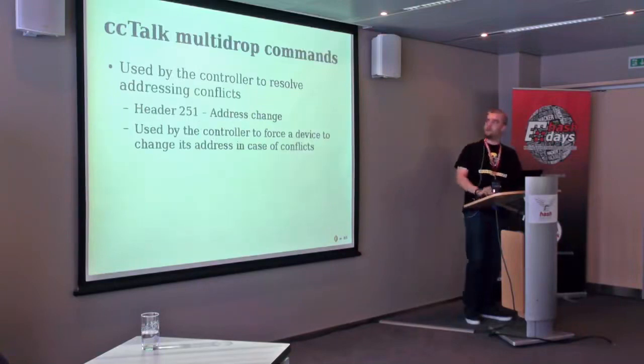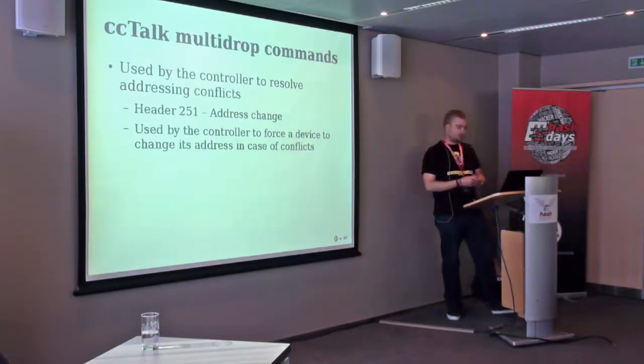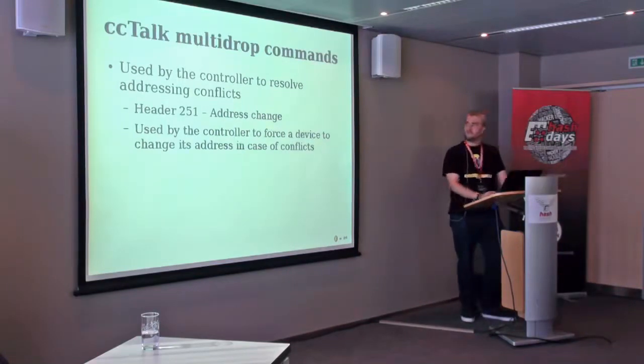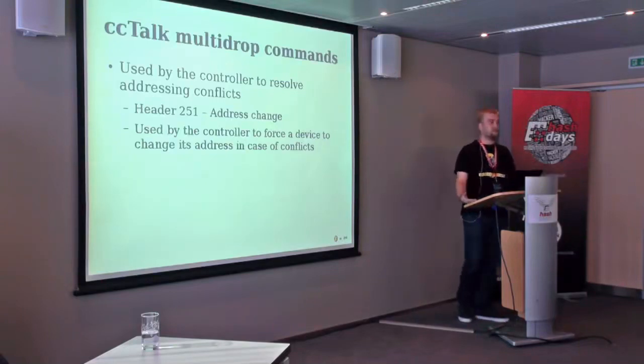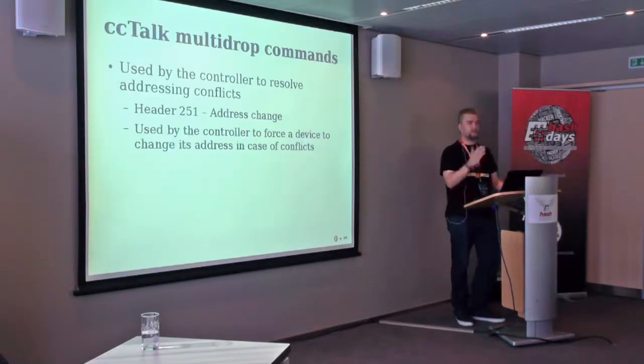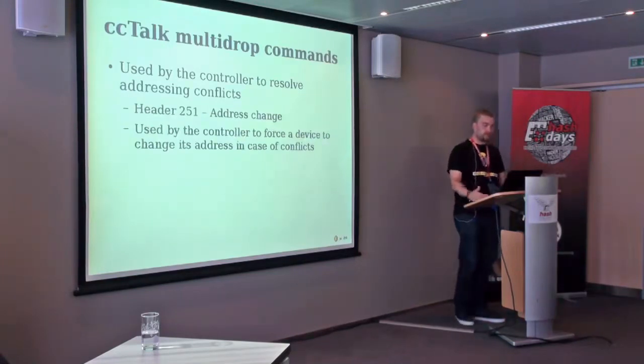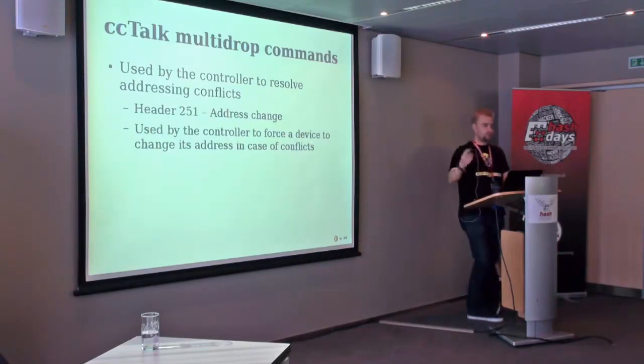Okay. So I looked again at the documentation, and I found some commands called multi-drop commands that are used by a controller to resolve conflicts. For example, if you have many coin acceptors for different kinds of money, by default they will all have address number 2. So the controller can send a command to one of the devices to tell it to change its address to a new one.